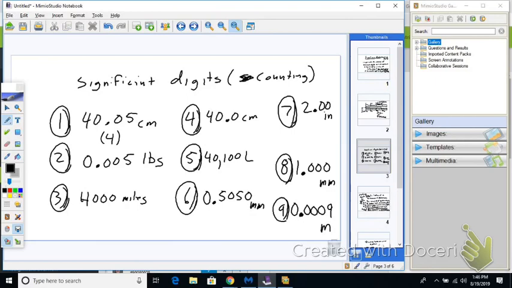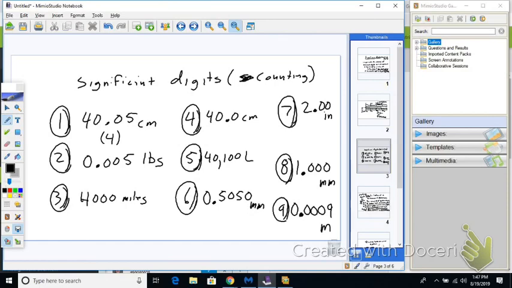And I've done the first one for you. On that one I say captive zeros count. So the 0.0 in between the 4 and 5 are captive zeros, so we say that they're 4 significant digits. What I need you to do is do 2 through 9 for that as an example.